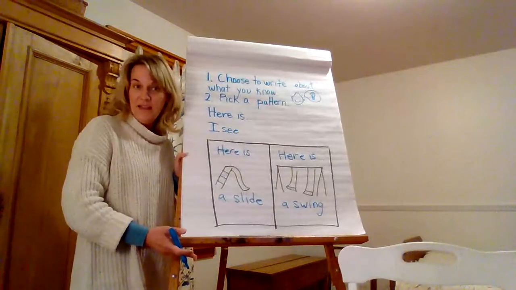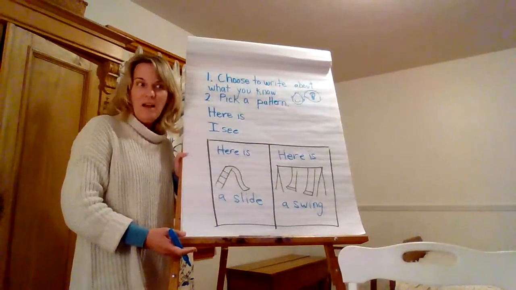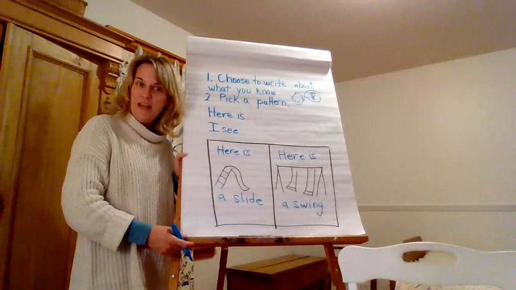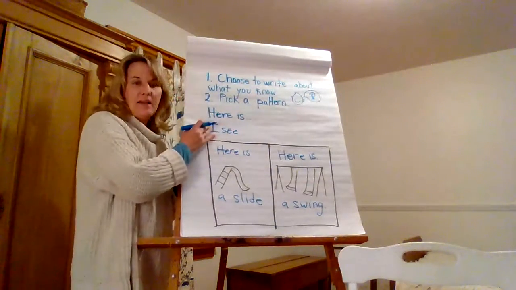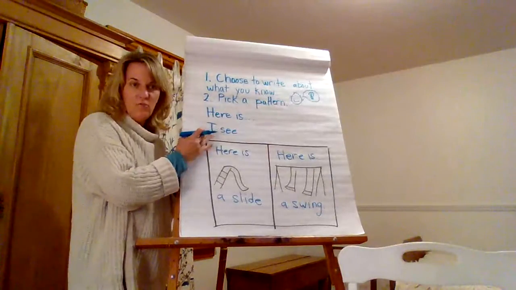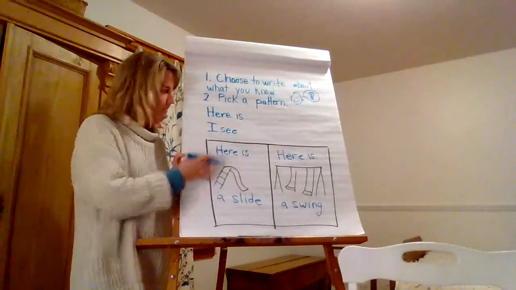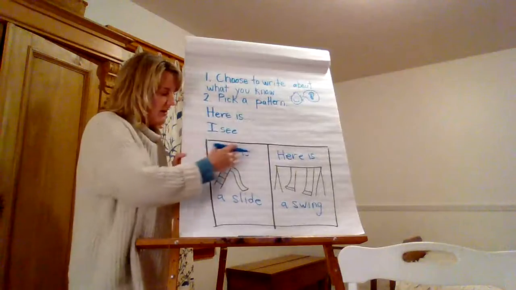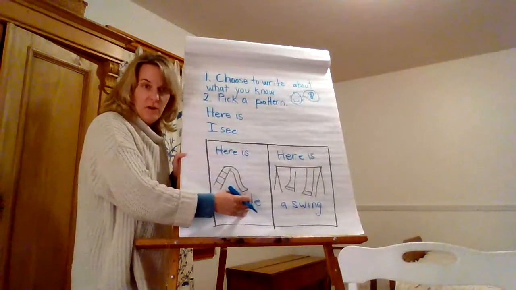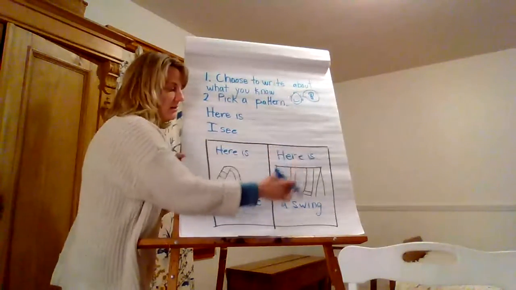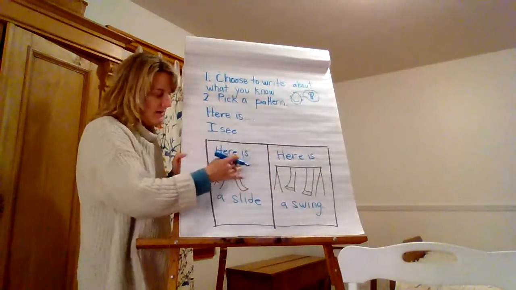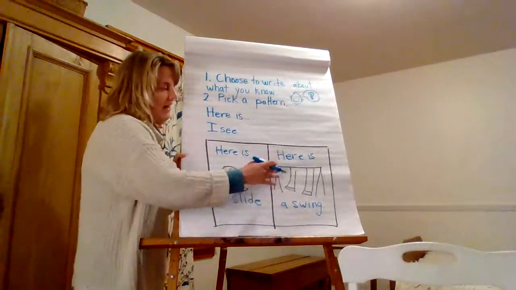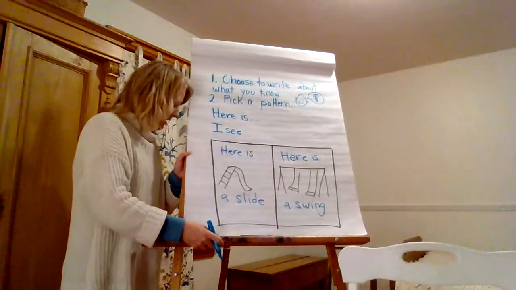It could be something at school, maybe items in your backpack or your desk, right? So then pick a pattern that fits what you might like to talk about. I chose "here is a slide" when I'm talking about the playground, and "here is a swing." I could also use "I see." "I see a slide. I see a swing."